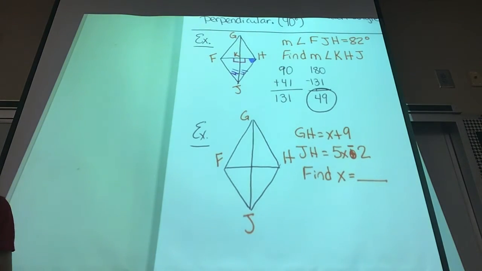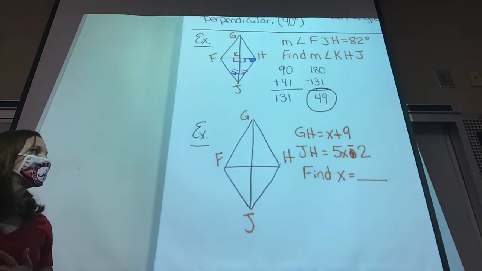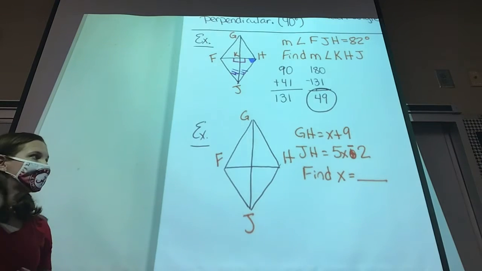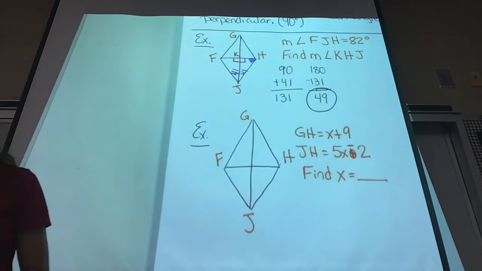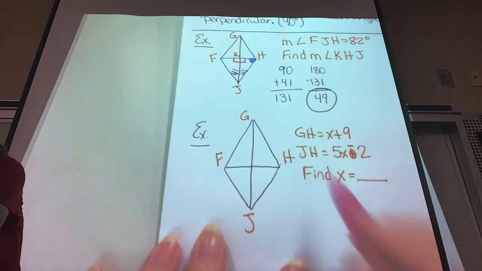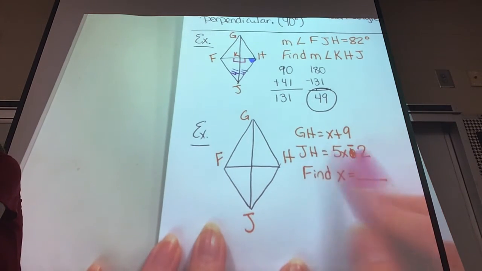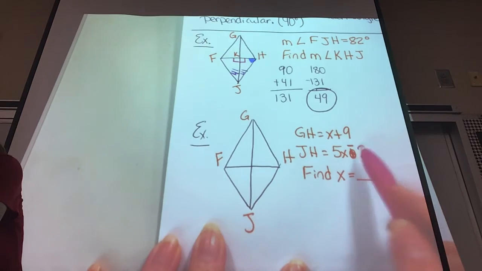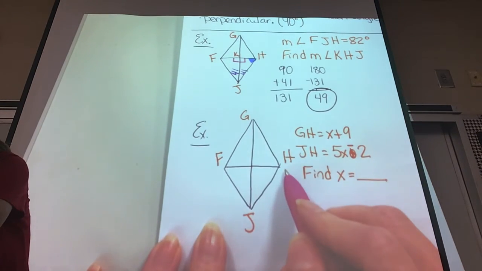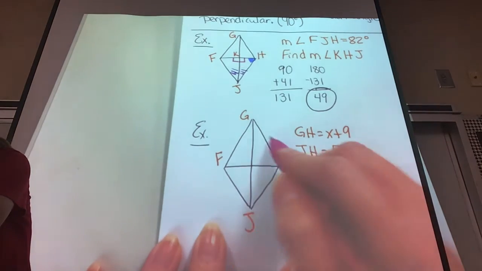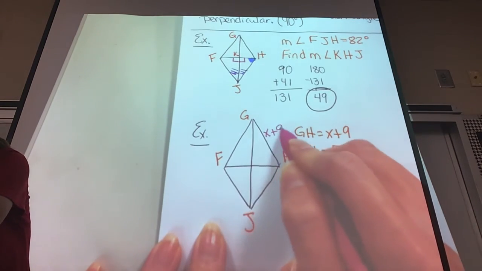So now we need to apply what we know. What we know is that GH is x plus 9, so that means this side right here. Okay, so this is our x plus 9.